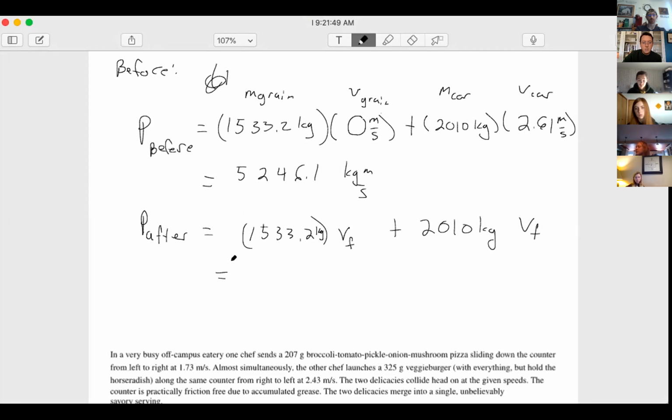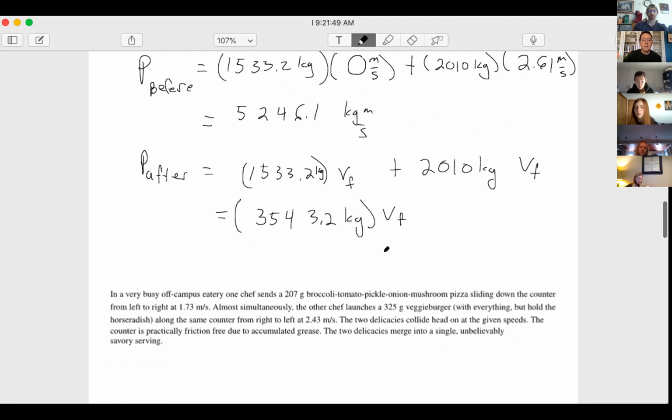I can rearrange that to write it as 2010 plus 1533.2, which is 3543.2, times V final, because they have the same final velocity, so it factors out.